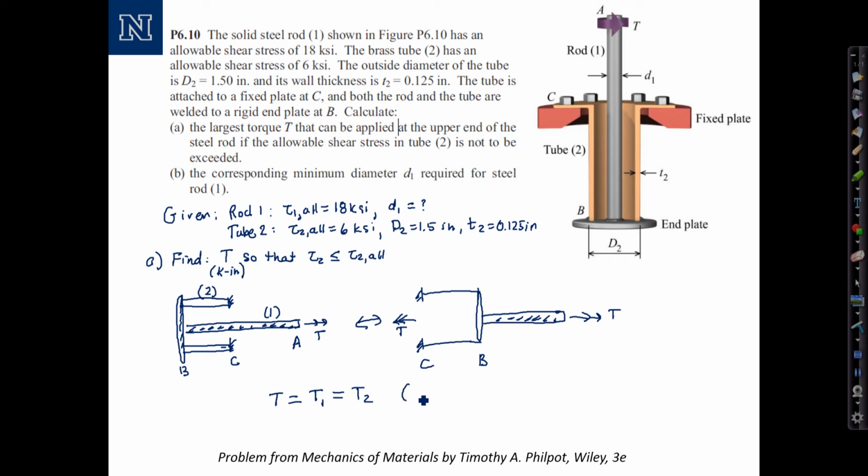And that is a result of the configuration being like shafts in series. So noting this very important piece of information, we will finish this example in the next video.